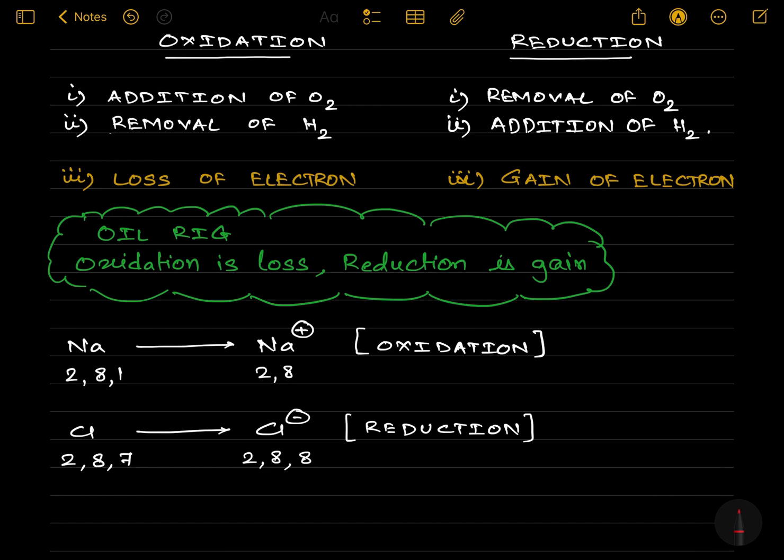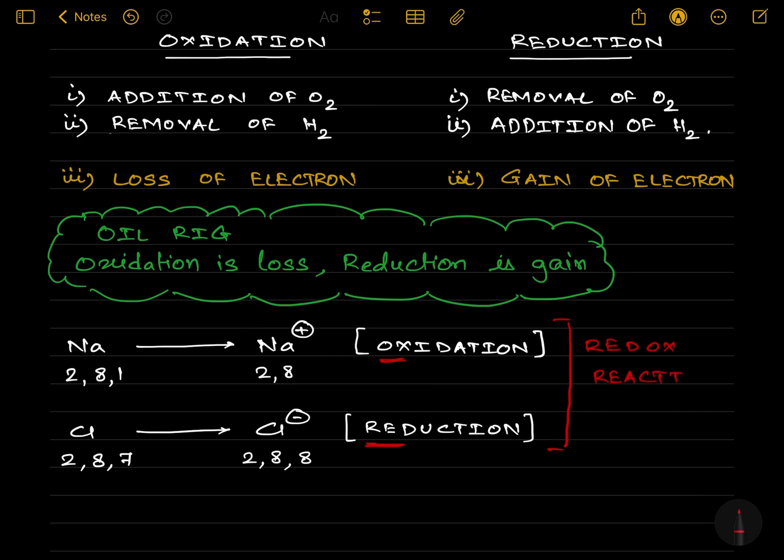Will this happen simultaneously? The answer is yes, because only when sodium loses an electron can chlorine gain one. So when the process of reduction and the process of oxidation happen simultaneously, the process is known as a redox process or redox reaction.